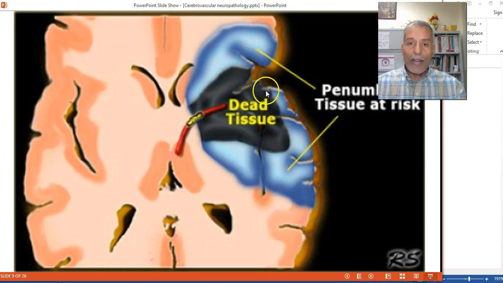That is the area that medication serves to salvage if you get the person to the emergency room quickly enough, within a few hours, and they have the blood thinner and the medication to melt the clot or the plaque. That is most likely going to salvage the area around the umbra.